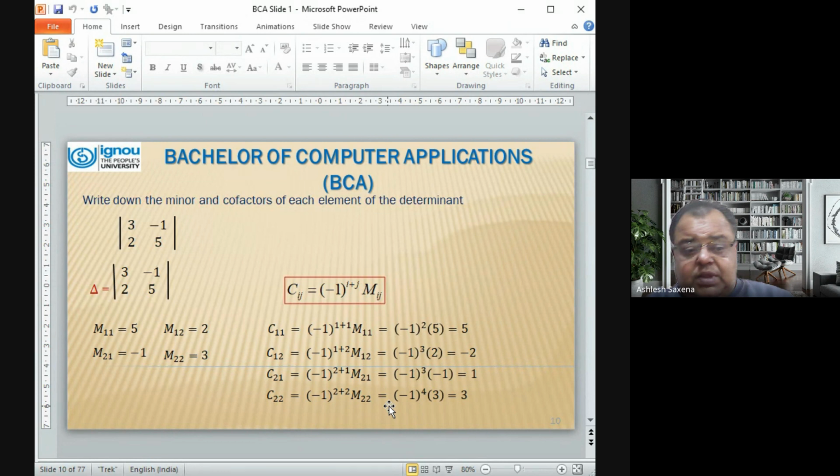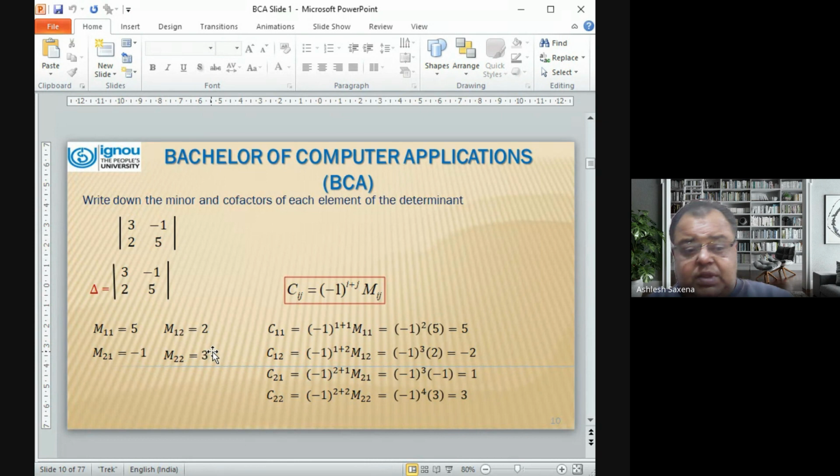First of all, for the minor of A11, that is minor M11, remove this, you will be left with 5. M12, 1 and 2, you will be left with 2. M21, remove this, you will be left with minus 1. M22, remove this, you will be left with 3.